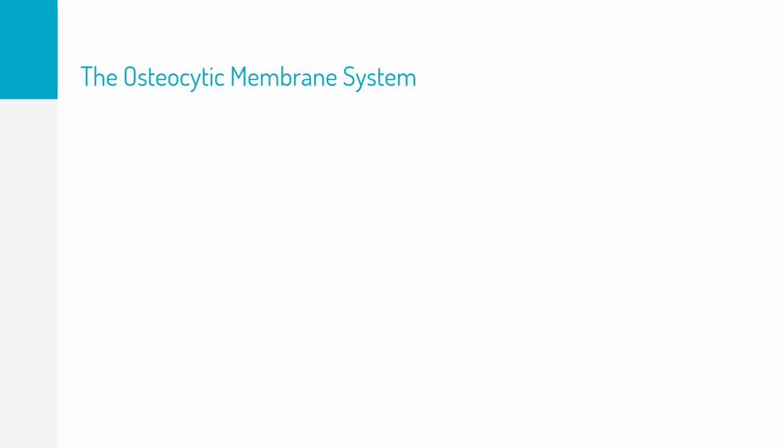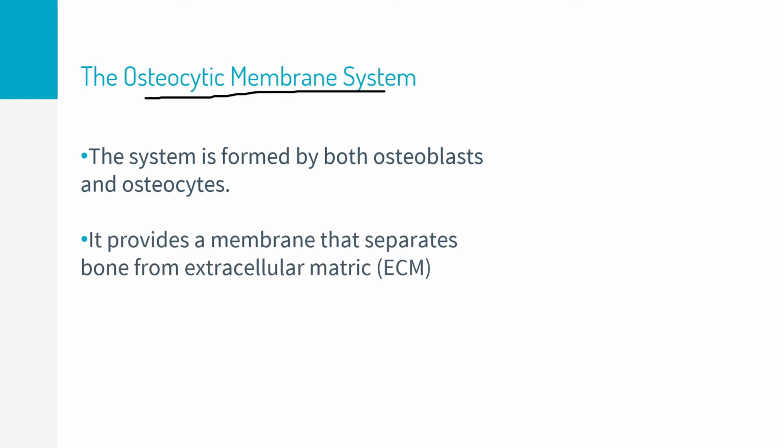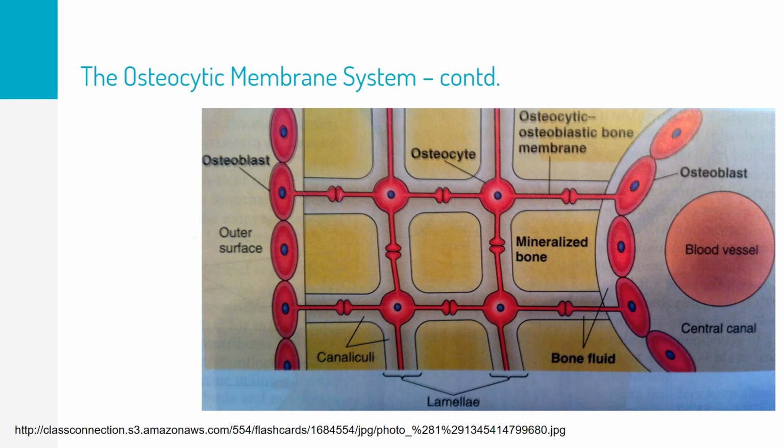However, it has been shown that they also, the osteocytes and the osteoblasts, contribute through this system, the osteocytic membrane system, to bone salt absorption. Wow. So let's get to know the system. Okay, so this system is formed by both the osteoblasts and the osteocytes, and it provides a membrane that separates the bone from the extracellular matrix.